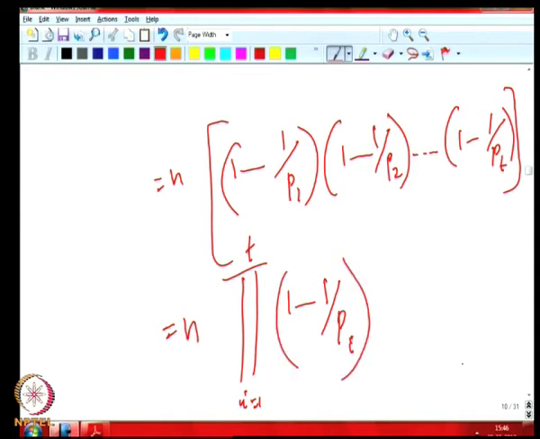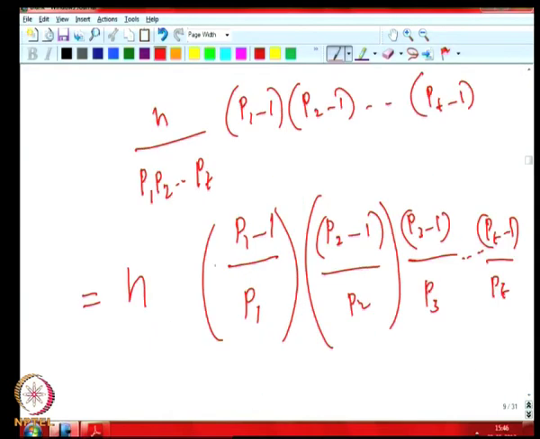The last two steps are only manipulation. We have just rearranged the terms so that below Pi minus 1 we wrote Pi, that is all. Because below also there is a product and above also there is a product, we can arrange them properly. So, it is just rewriting, and then Pi minus 1 by Pi is rewritten as 1 minus 1 by Pi, that is all, right.